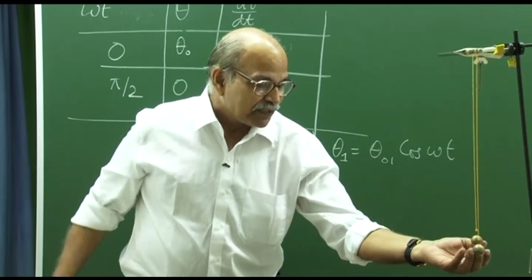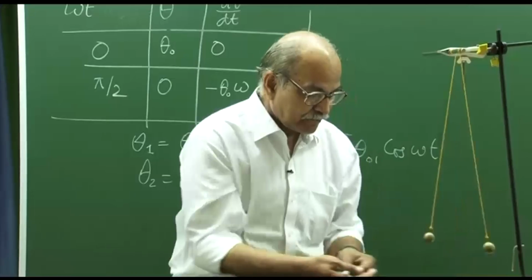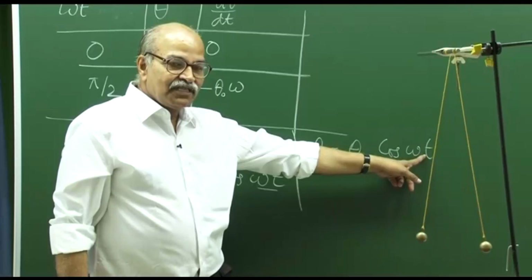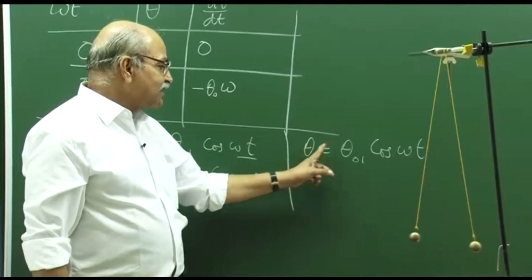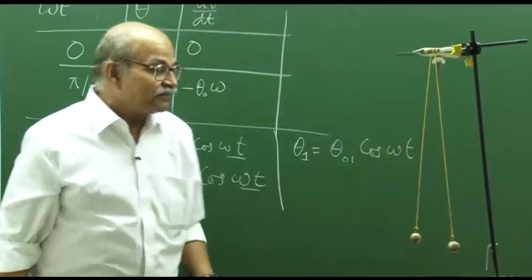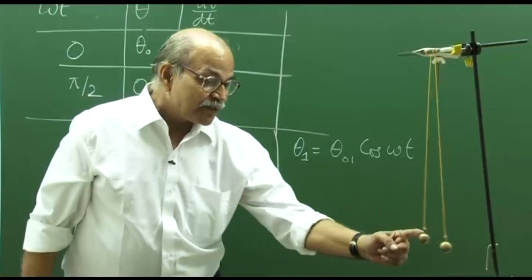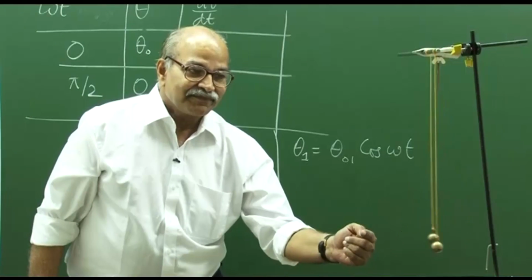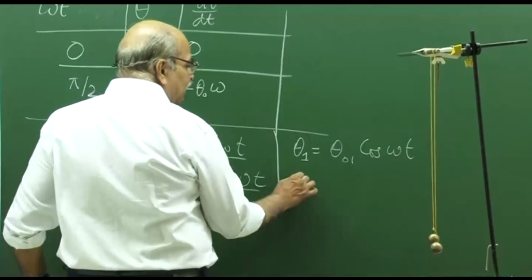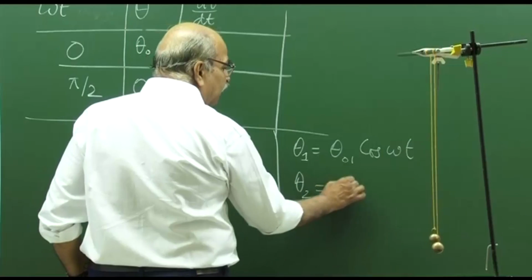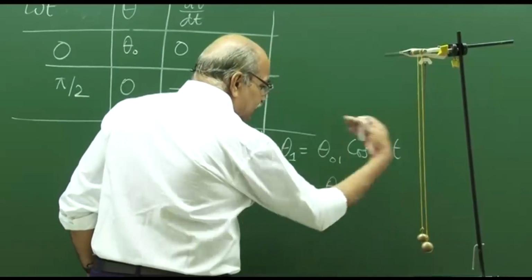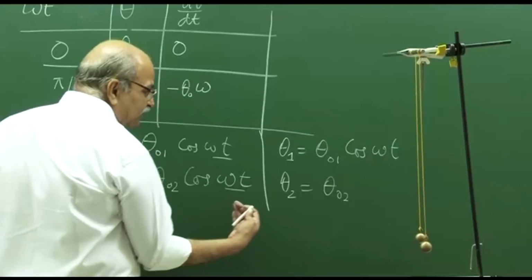this pendulum, what happens? At t equal to 0, the first pendulum is at its positive extreme, at its left extreme. At that instant, this second pendulum must be at the right extreme. So that means for the second pendulum, my equation should be theta 2 equal to some amplitude and then negative of this, when this is at left extreme, this is at right extreme and so on.